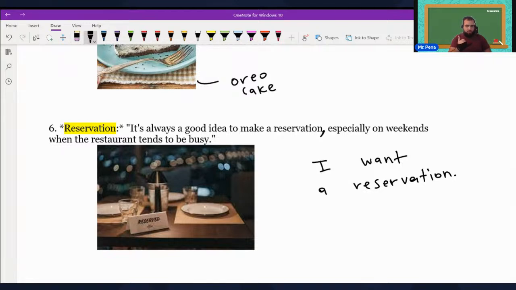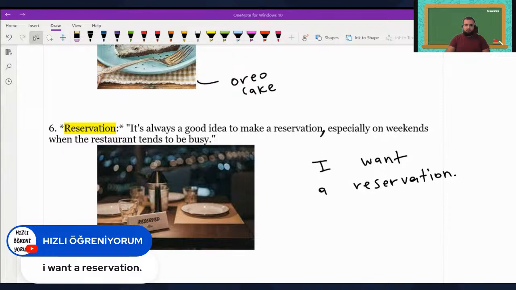You call, and you say to the waiter, I want a reservation. Now you try. Go ahead and say it. There you go. Very good job.